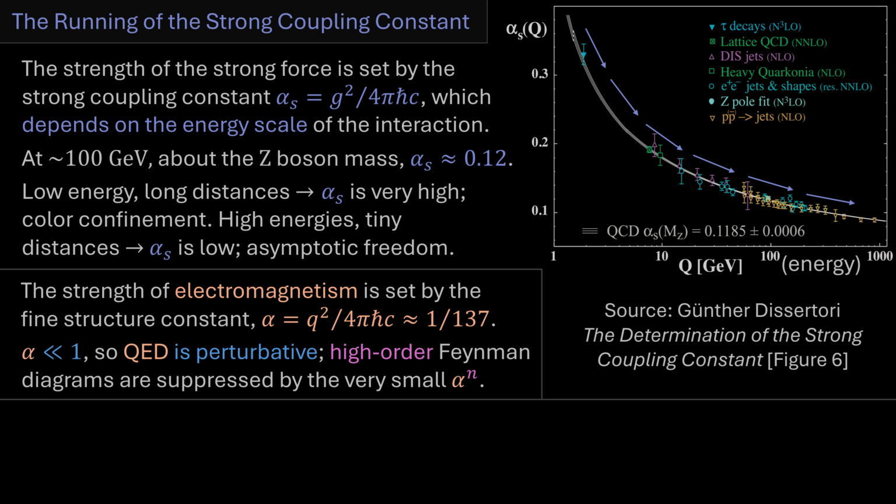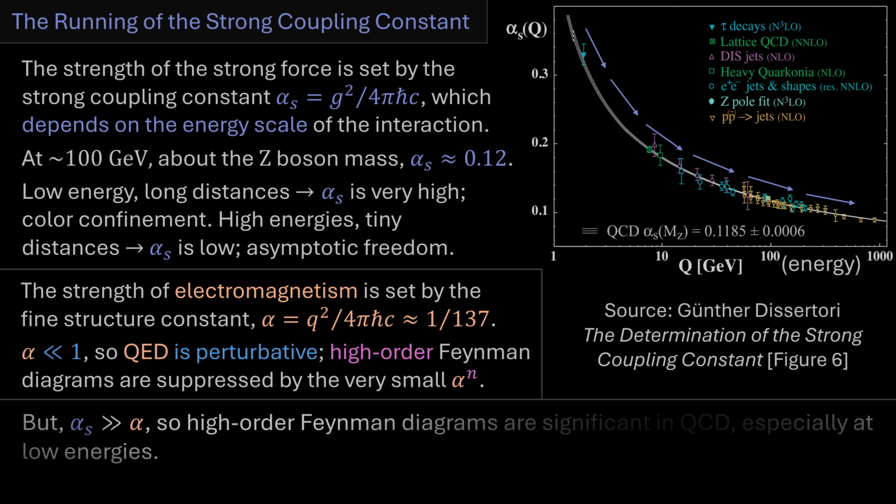That makes quantum electrodynamics a perturbative theory, in the sense that all you need to do is calculate some lower order Feynman diagrams, and you can neglect the higher order ones because their relevance is suppressed very quickly by the smallness of the fine structure constant.